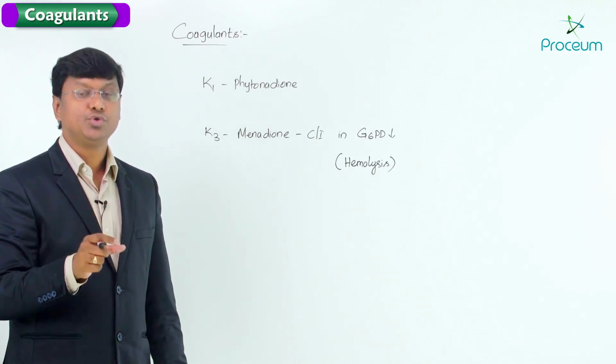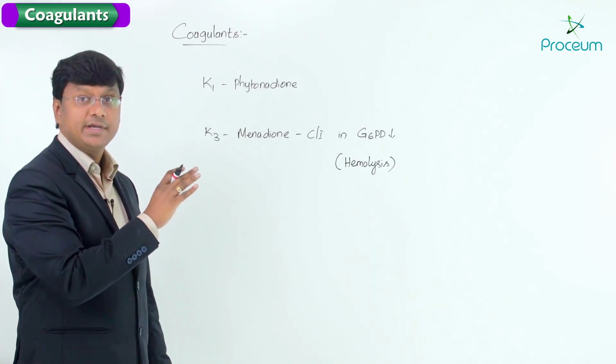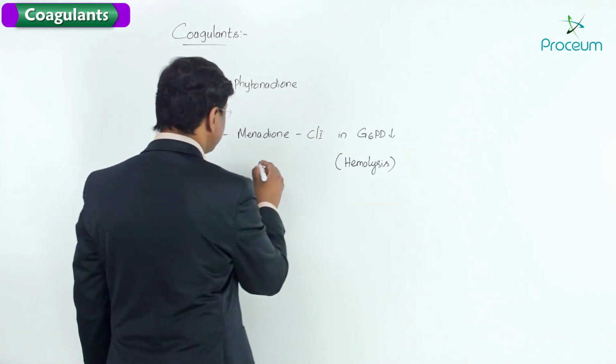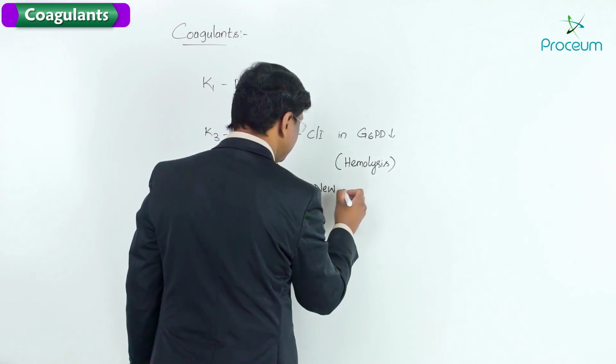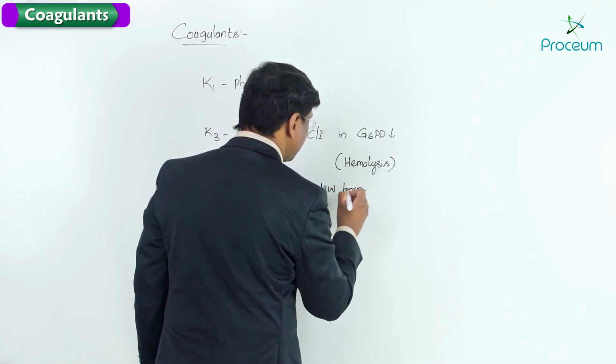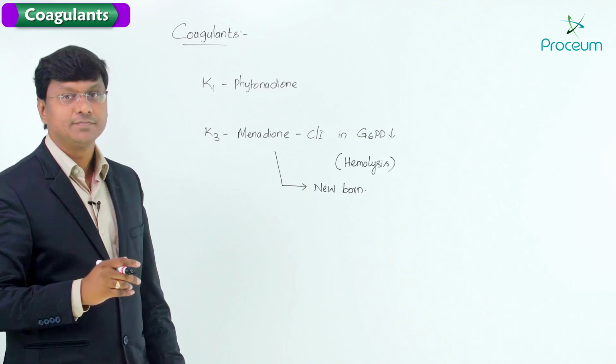And in newborn, it is not only contraindicated in G6PD deficiency patients, this K3 form is also contraindicated in the newborn. Now, why is it contraindicated even in the newborn?